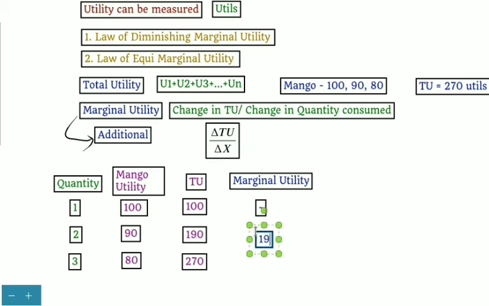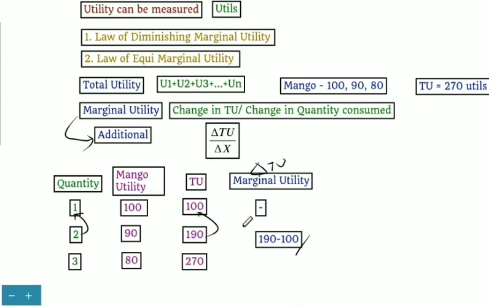So from the current one to the previous one, how much change has occurred will give the change in total utility, delta TU, and the whole is divided by the change in the quantity consumed. One quantity has increased, so that is represented as 1.